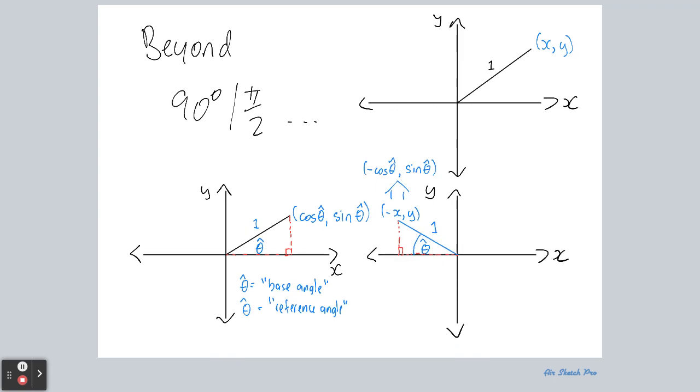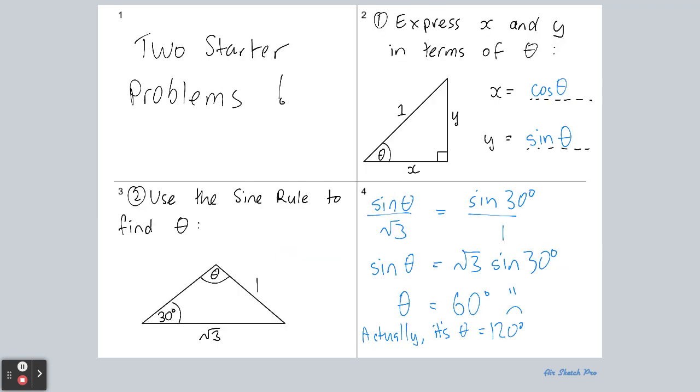Great question. I'm just going to zoom out, switch pages for a second to answer Emily's question. We saw that in a right-angled triangle with unit hypotenuse, unit length 1, x would be cosine theta and y would be sine theta.